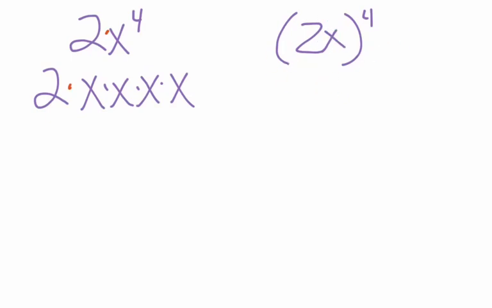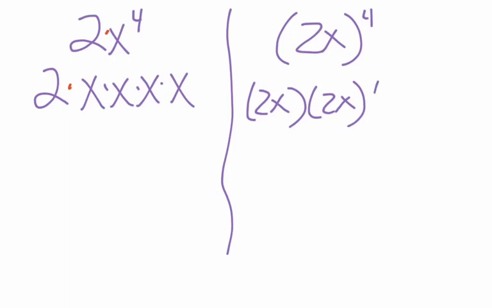On the one on the right, the 4 is actually attached to the parenthesis, which means that the parenthesis is what is being raised to the 4th. So this one is actually 2x times 2x times 2x times 2x.